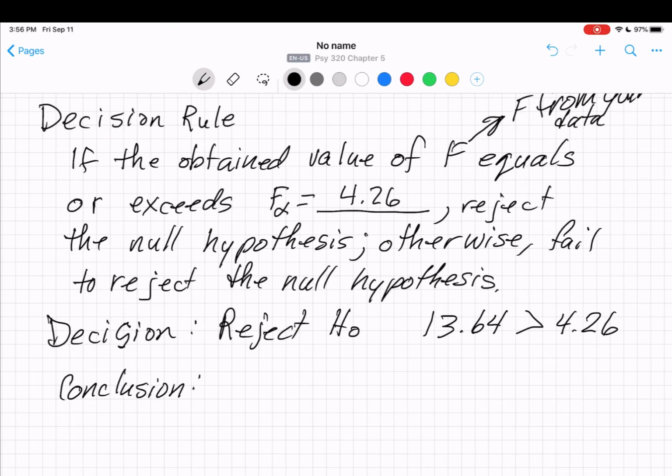When you write your conclusion, you're putting this information back in the context of your independent and dependent variable.